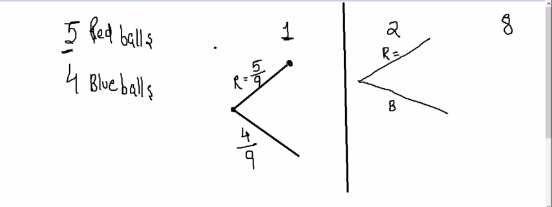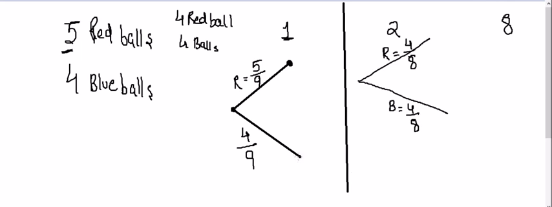If you have selected red already, there are 4 red balls remaining in the bag, and total balls are 8, because 4 blue balls are remaining. The probability is 4 out of 8, and for blue, 4 out of 8.